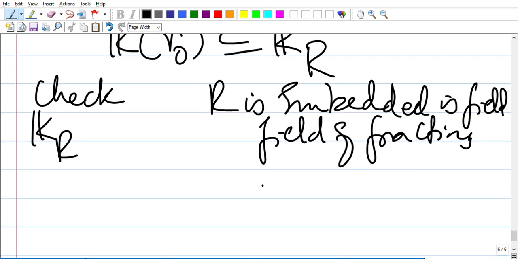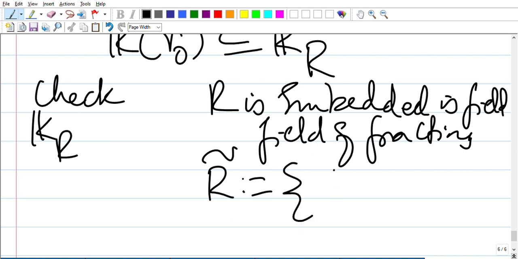Let me call that field of fractions R tilde for the time being. So how are elements of R tilde?